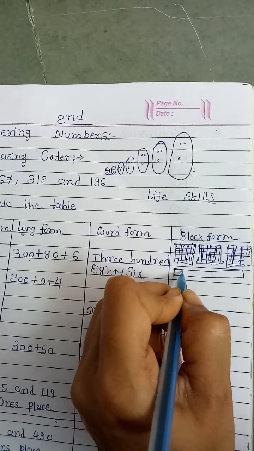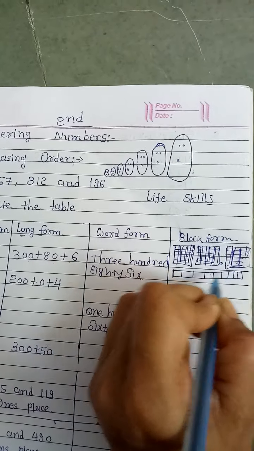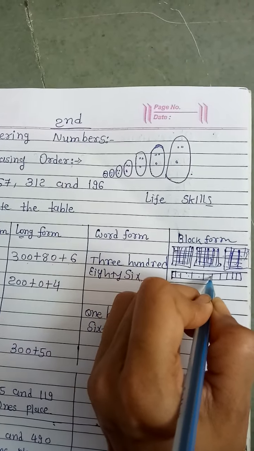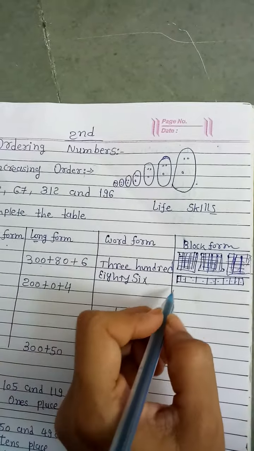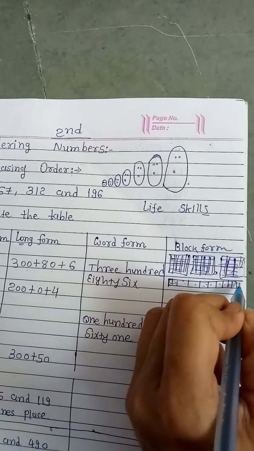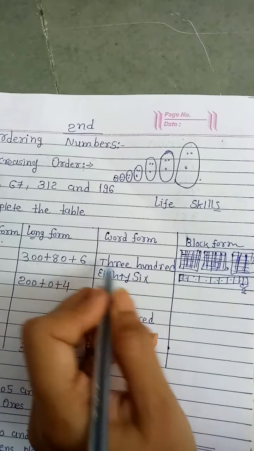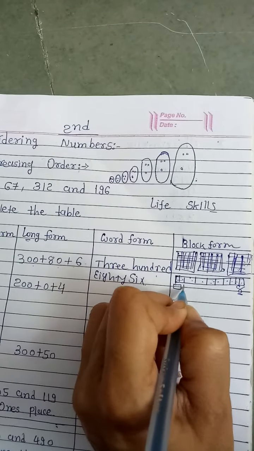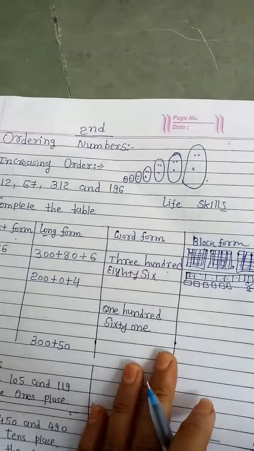This strip is 8: 1, 2, 3, 4, 5, 6, 7, 8, 9, 10 boxes like this. The number of strips is 8. I am just writing 8 here. And this 6, so make 6 small boxes here: 1, 2, 3, 4, 5 and the 6.